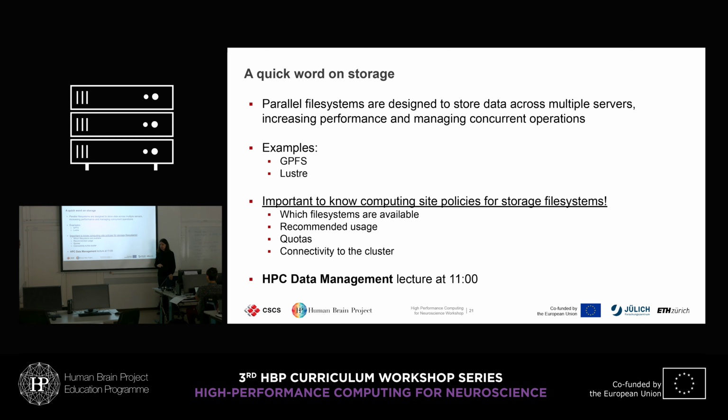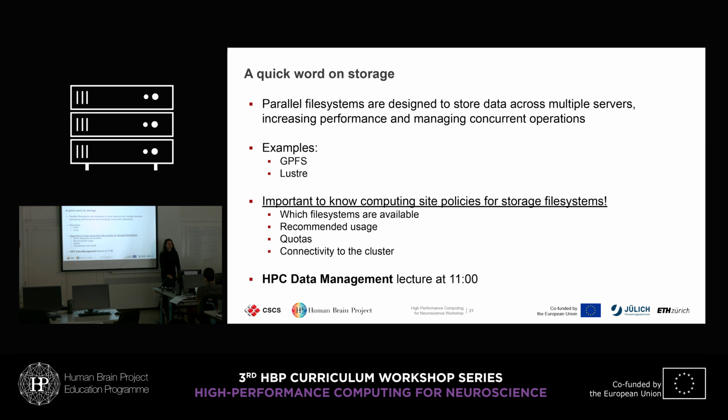An example of a parallel file system is GPFS, which is general purpose and very widely used. I think the storage infrastructure here at JSC is mainly based around GPFS. And another popular solution is Lustre.